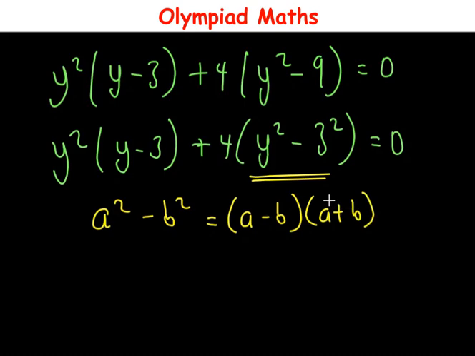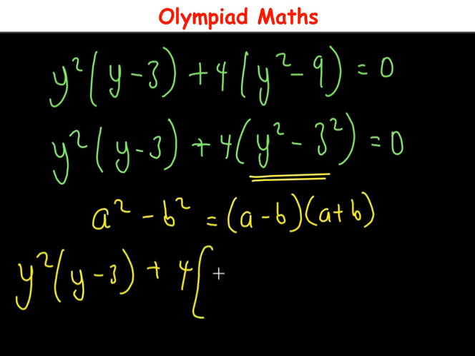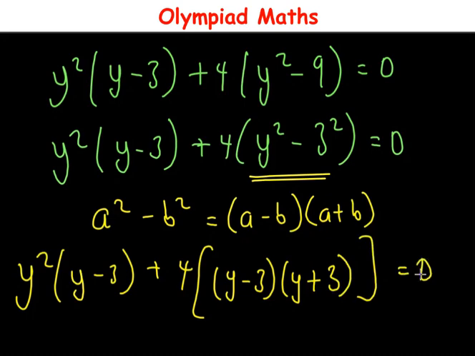Okay, so we are going to expand this, making use of this, such that from here we have y squared into brackets y minus 3, then plus 4 into brackets, okay, a is y minus b is 3, a is y plus b is 3. Okay, all is equal to 0.